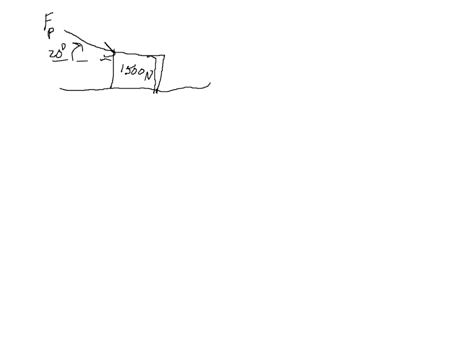The magnitude of that push is given as about 230 newtons. And we're told that the box is being pushed at a constant speed, and asked to find the coefficient of friction between the box and the floor.